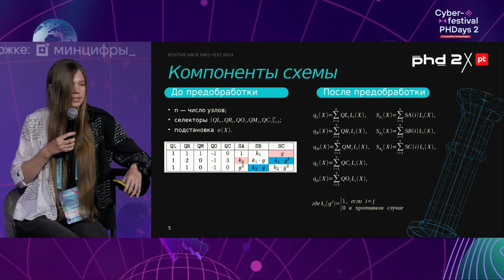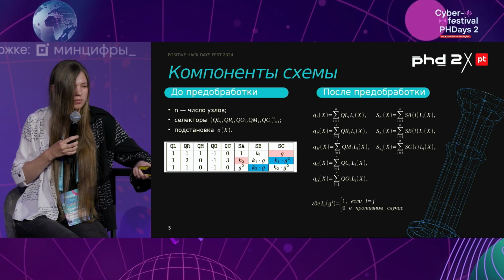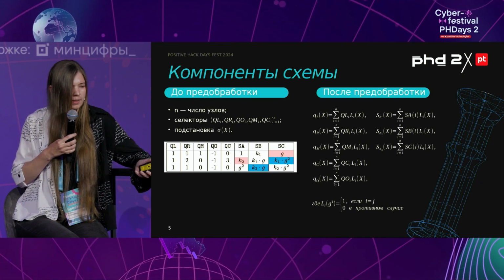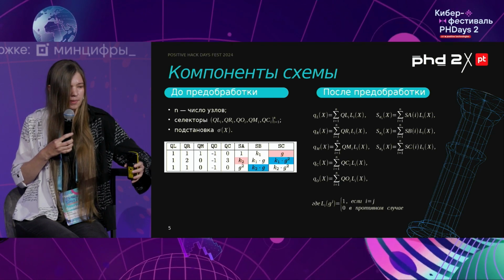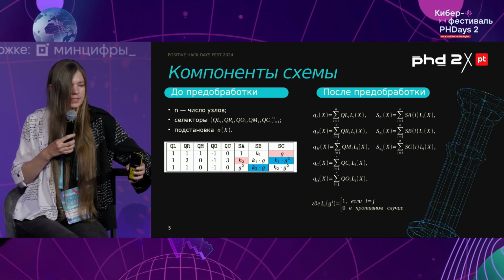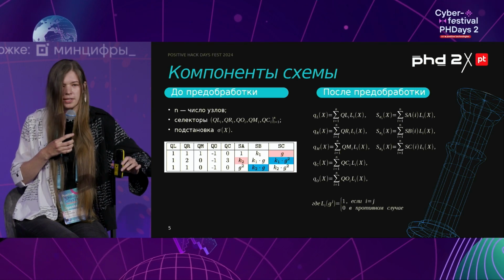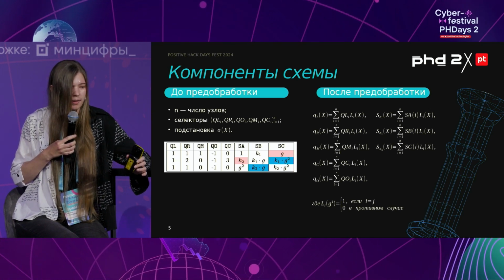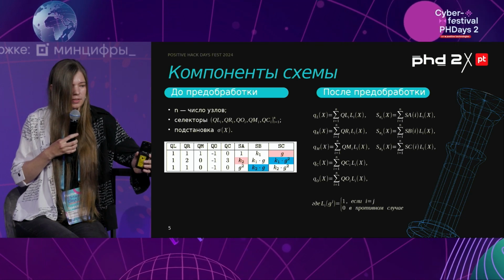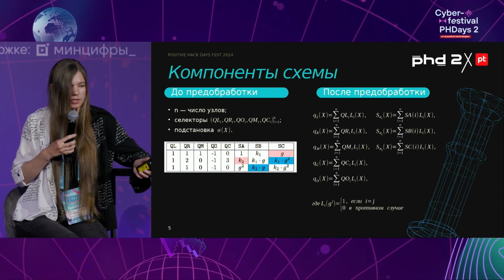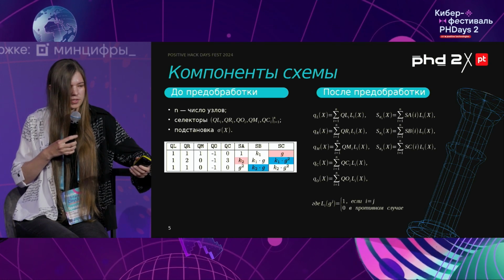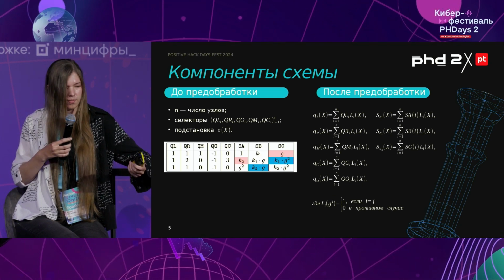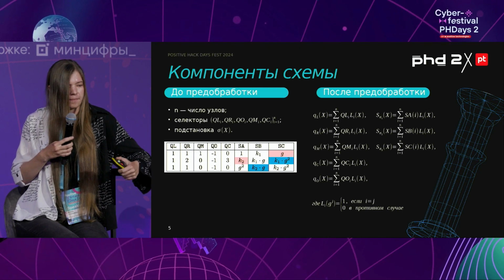Итак, у схемы есть следующая компонента. This scheme has the following components: the number of nodes, selectors. В ходе предобработки, if you do the pre-processing, all of the selectors, you put those expressions that are in the point which corresponds to each and every node группы H in the H group.